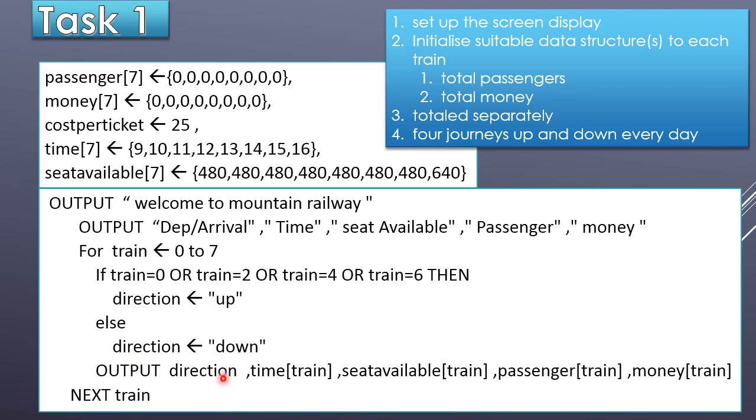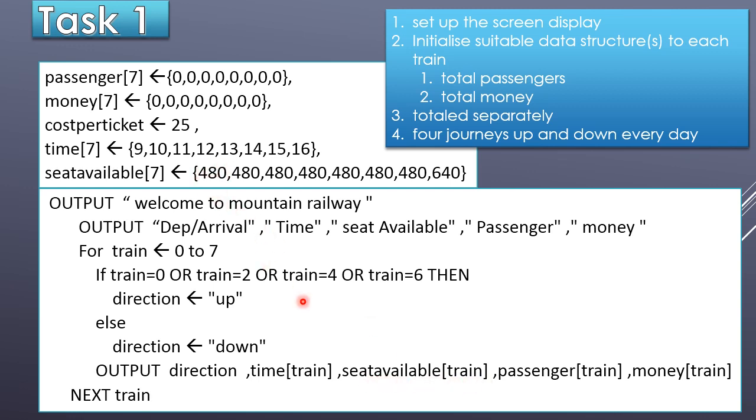First it is going to show either up or down, and then the time at the first location. In the initial part we gave the first location time as 9, so first it shows 9, and after that the first location of seat availability is 480.